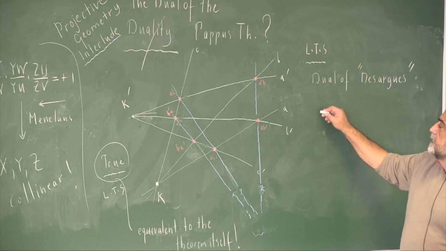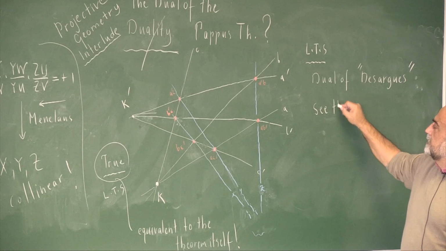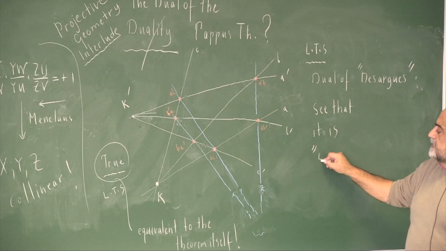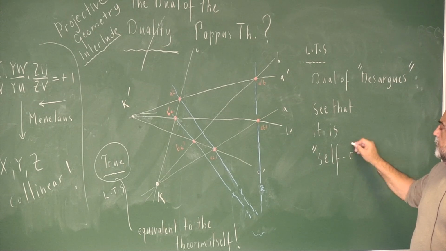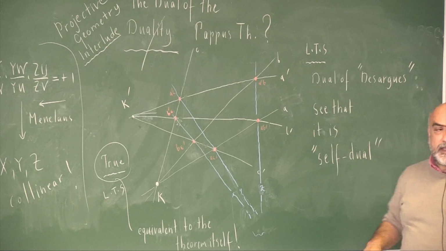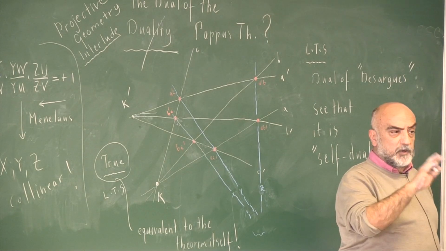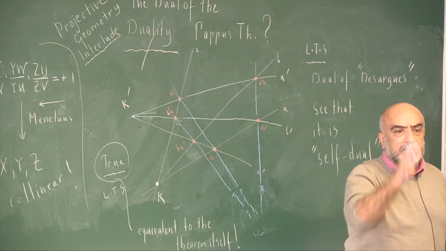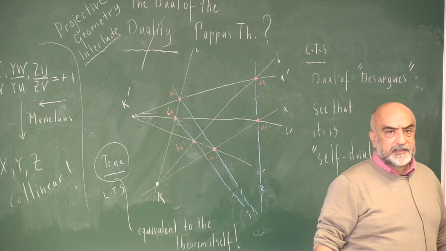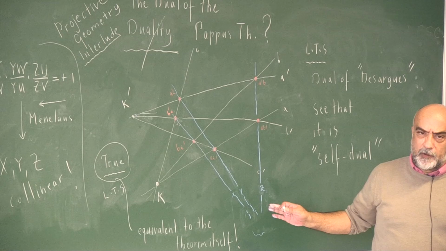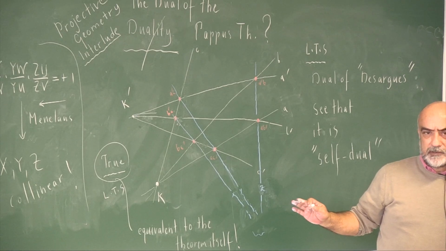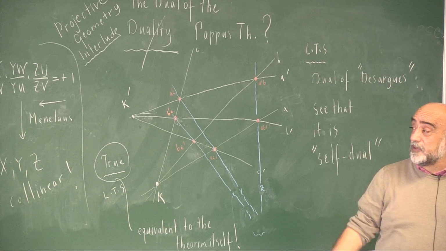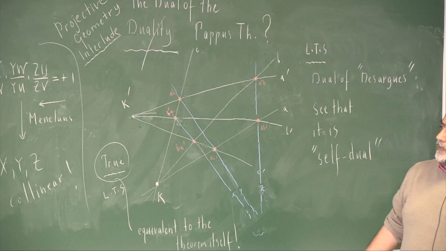In fact, you might call it self-dual. Actually, if you draw the diagram for the Desargues theorem, you will see that the dual is exactly the thing itself. So that's a rather interesting one. The theorem of Pappus is not self-dual, but you can prove the dual by using the theorem itself.